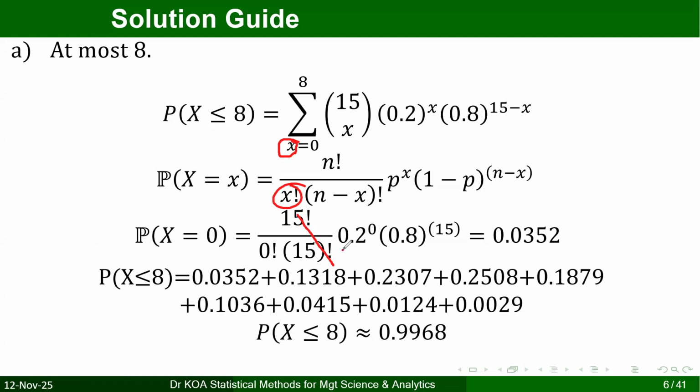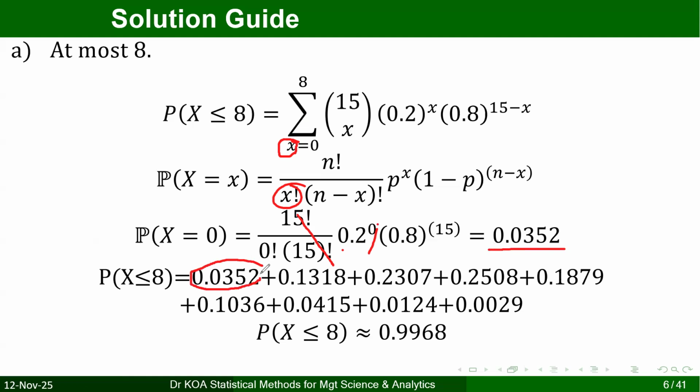I'm now left with this. 0.2 raised to the power 0 is 1. So you are left with 0.8 raised to the power 15. You take your calculator, do 0.8 to the power 15, and that will give you this number for X equal to 0.